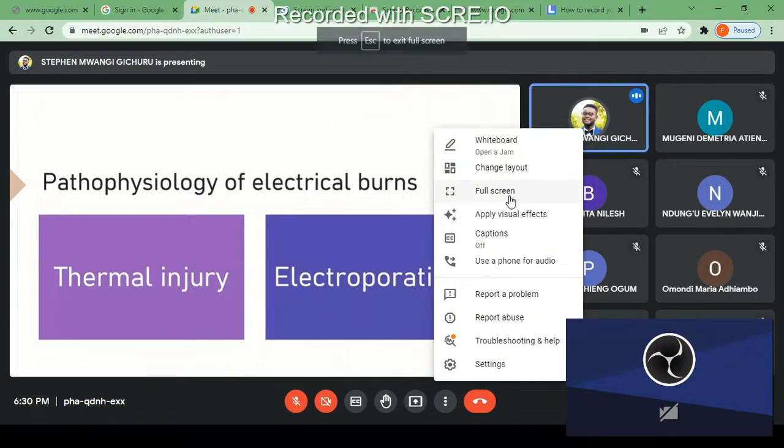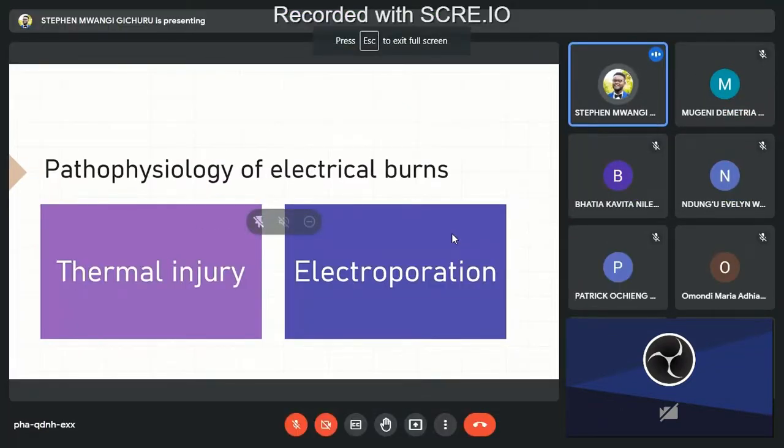The pathway of the current determines whether you have other comorbid things happening. The source is the point of entry and the ground is the point of exit. If the current is going from your arm to your arm, there's a high chance it will pass through the heart, so you might get arrhythmias.